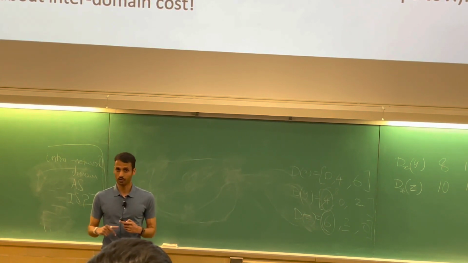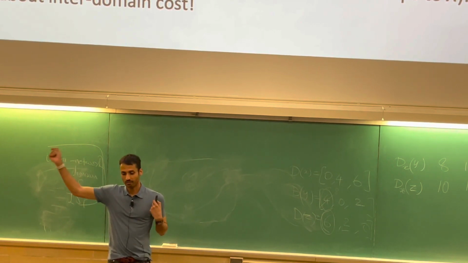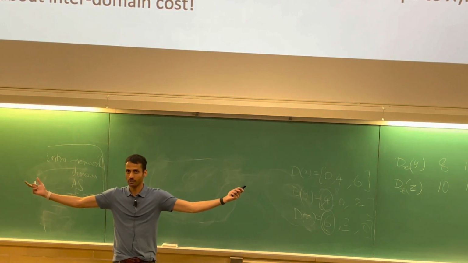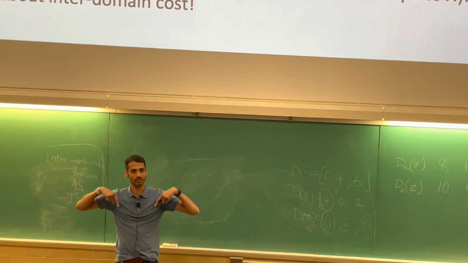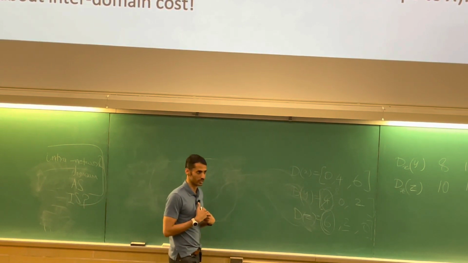That was determined by OSPF. So 2D's forwarding behavior to X is determined by a combination of inter-domain routing and OSPF pathways. They're both combining. One is not enough to answer this question.